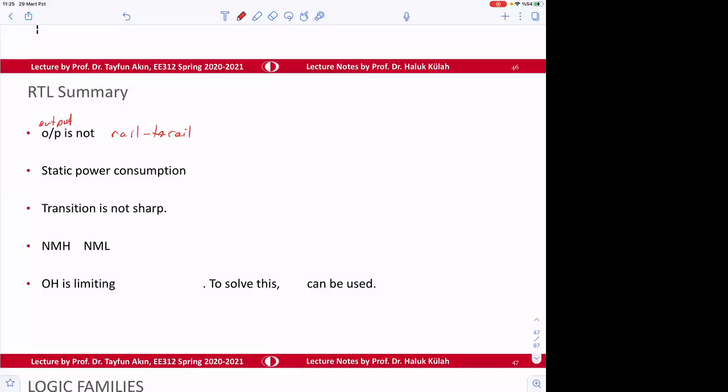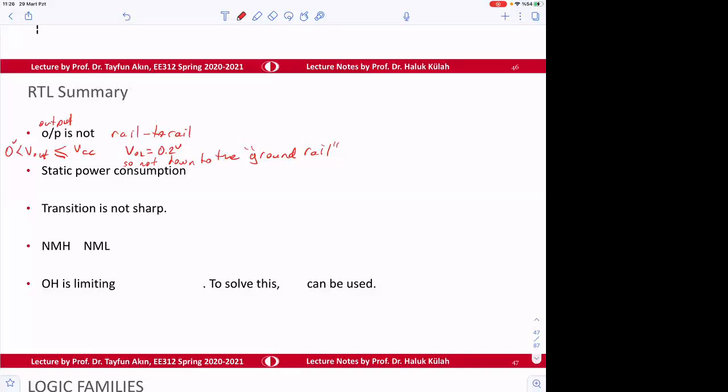V out is between VCC and something larger than 0 volts, okay, 0.2. So V output low is 0.2 volt. So not down to the ground rail.